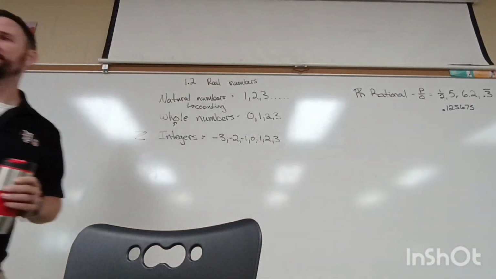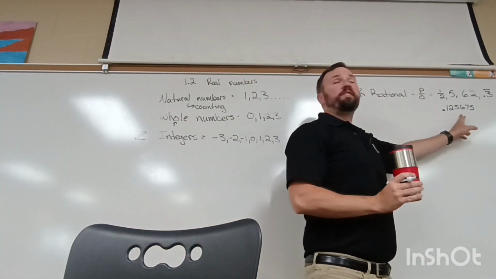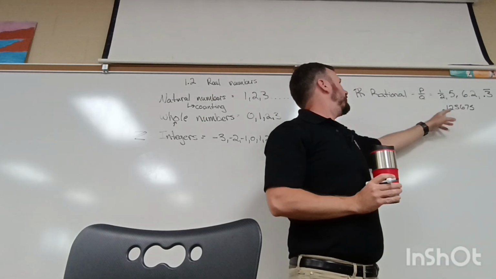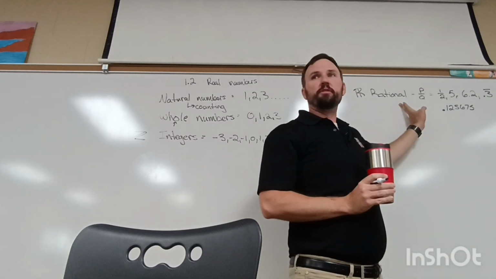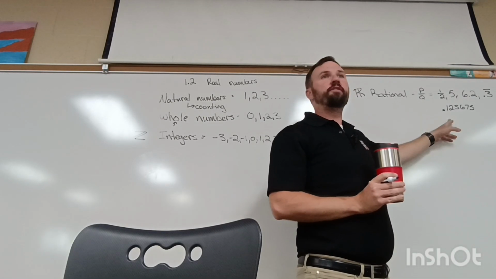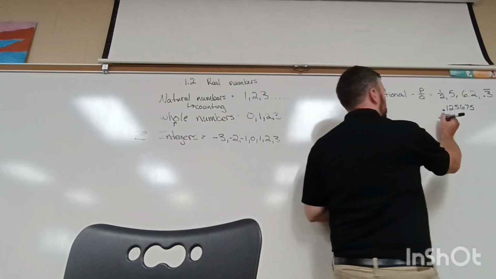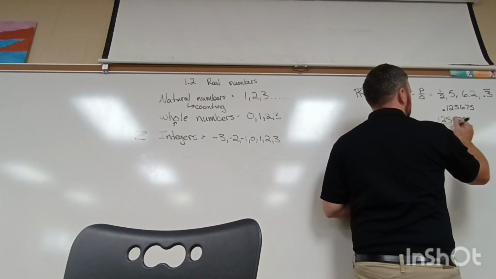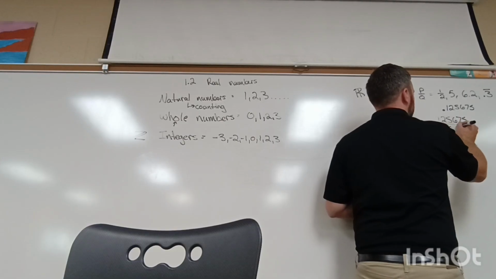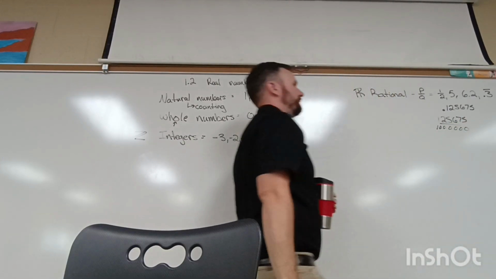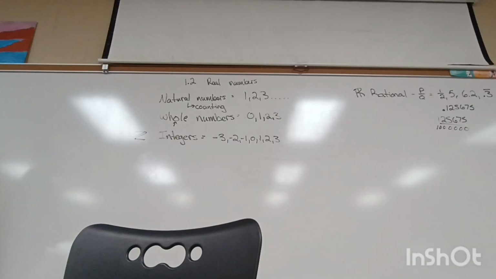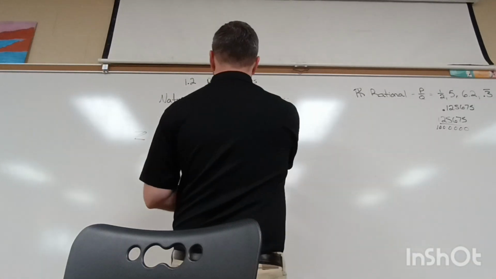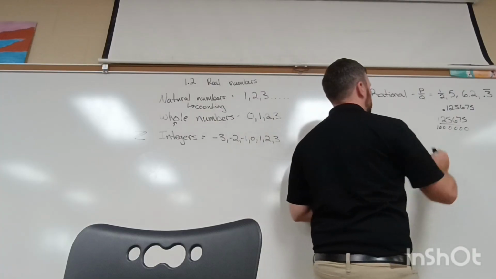Yeah, so why is that a rational number if it's some long decimal? Can you rewrite that as a fraction? Yeah. What's that? 1, 0, 0, 0, 0. There you go. I wrote it as a fraction. So terminating decimals, repeating decimals, and then your integers, right? So those are all rational.